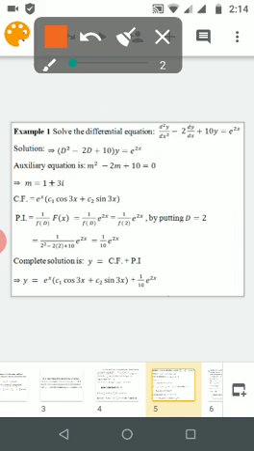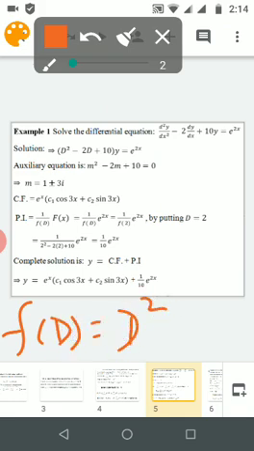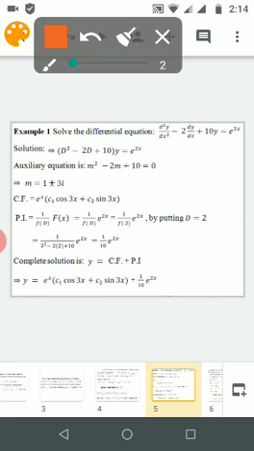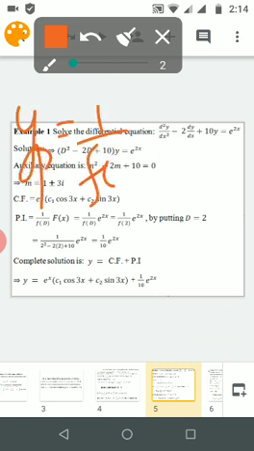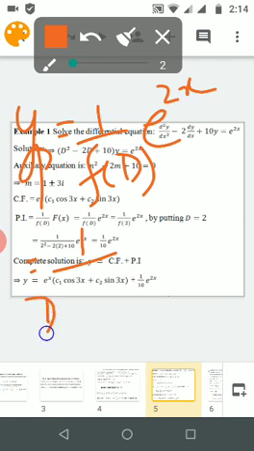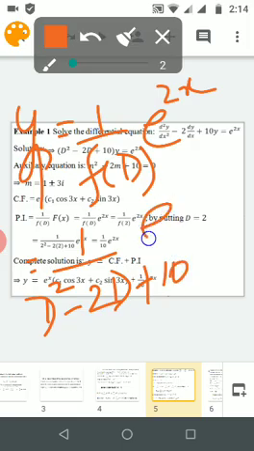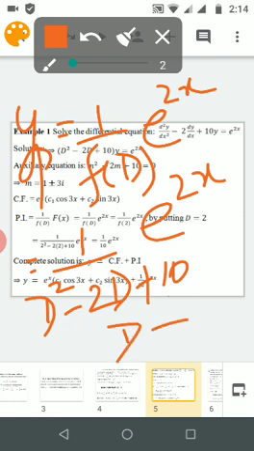What is my first question? What is my f of D in this case? My f of D in this case is D square minus 2D plus 10. So what will my yp be? My yp will be equal to 1 upon f of D operated on e raised to 2x, that is, 1 upon D square minus 2D plus 10 operated on e raised to 2x. Now wherever there is a D, you will change it to 2. So what will I end up getting?